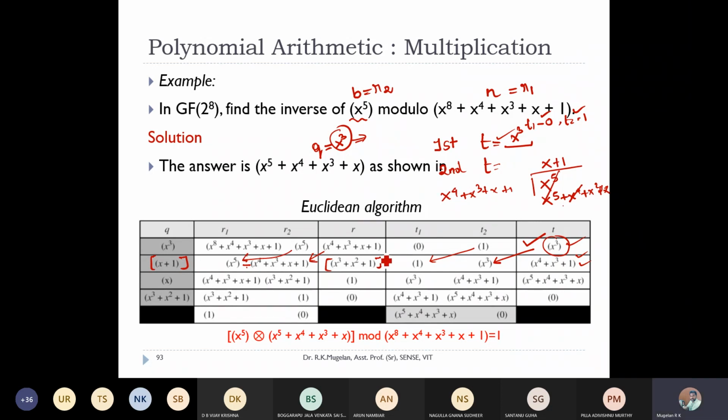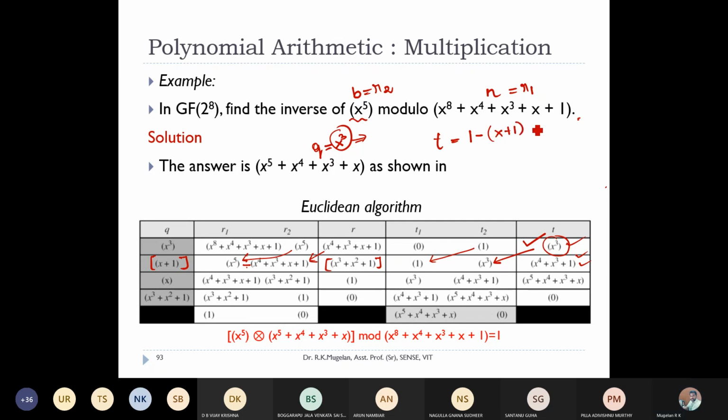Yes, sir. Okay. So now I got my T1 to be 1 and T2 to be x cube. So we once again look at this part. In this one, if you compute the value of T, T1 is 1 minus Q times, that is x plus 1, Q times your T2, that is x cube.